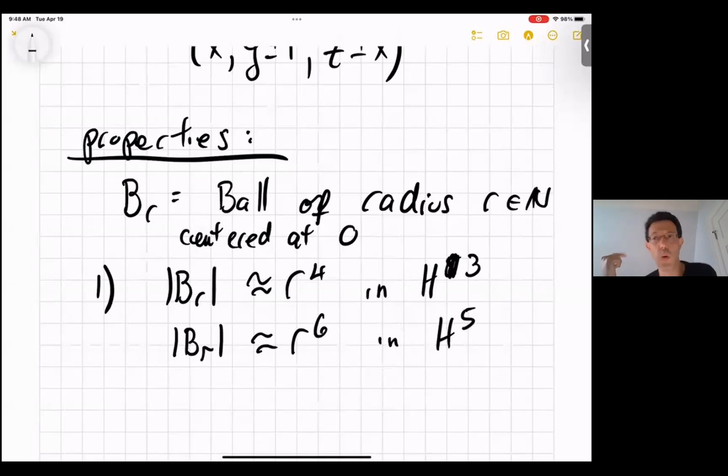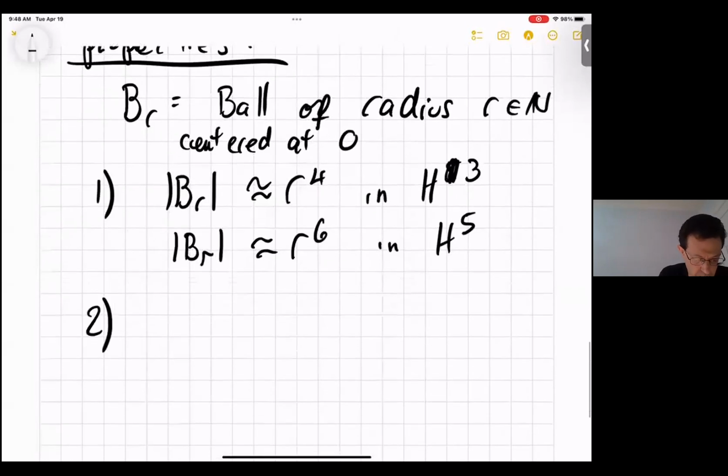So it's one more than if you just count how many elements are in a ball of radius R in this graph that I showed before. In Z cube it grows like R cubed, and this is R to the 6.